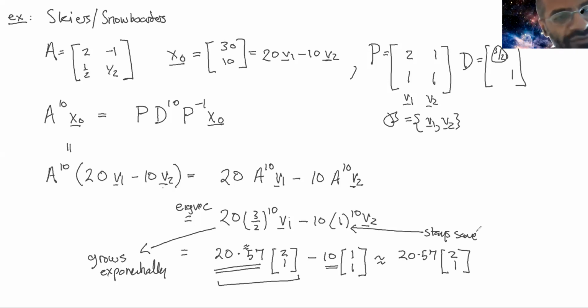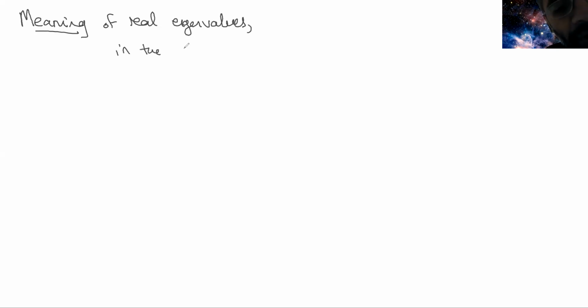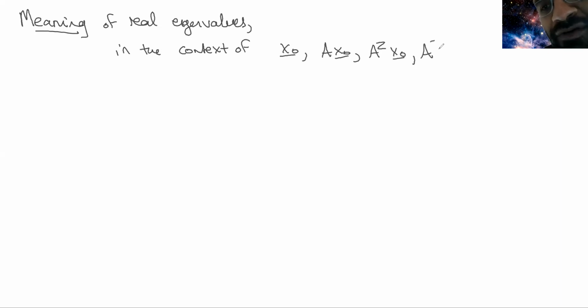So I'll just say here, in the context of starting with some vector and repeatedly multiplying it by the matrix. And this is something that occurs a lot in nature.